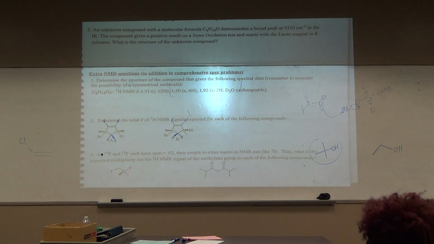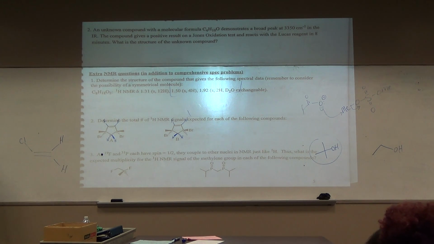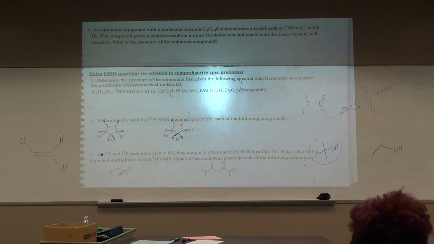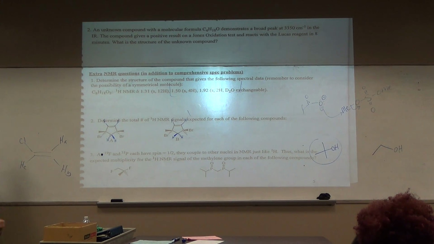Three signals. Each H is different, right? This H is cis to the chlorine, that H is trans to the chlorine. Those H's are different. This stereochemistry comes from the double bond. That stereochemistry comes from the ring being like a rotation and tetrahedral nature. That's A, B, and C.